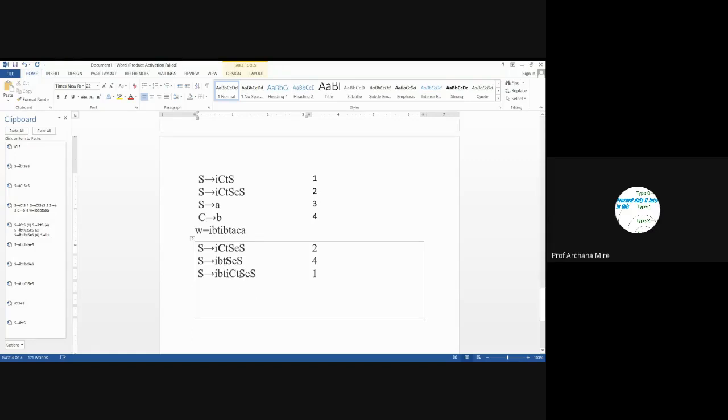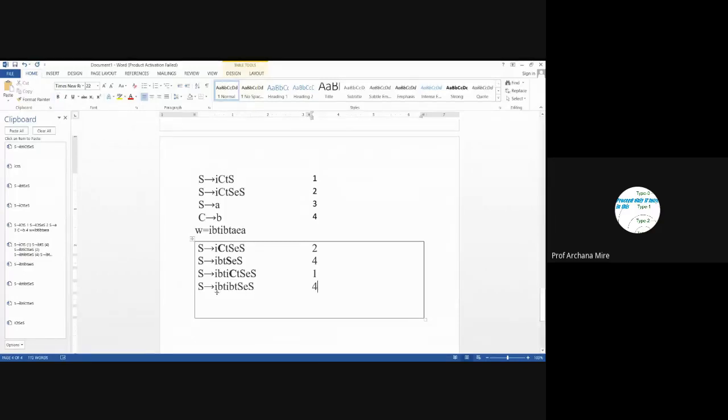Now, once again, the leftmost non-terminal is this C. So we will apply a production rule on this C. And which production rule will we apply? We will apply production rule number 4. So this C will be replaced with B by using production rule number 4.